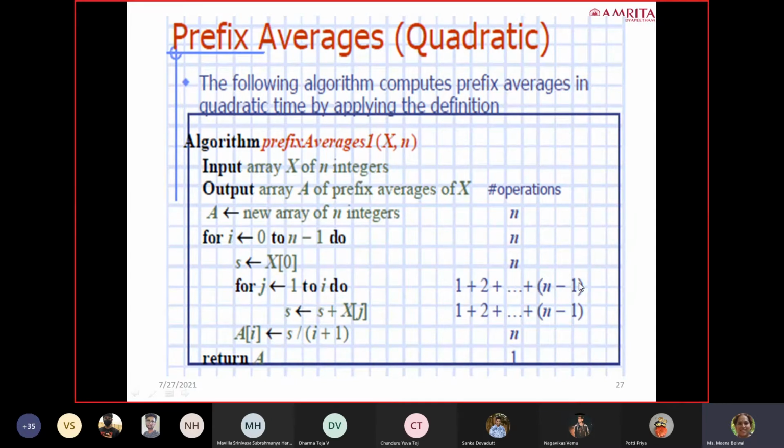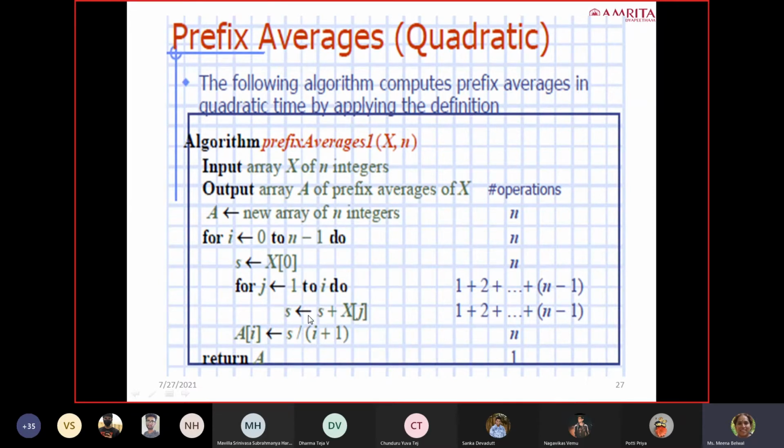Finally, you are going to do n minus 1 comparisons. So every time, based on the value of i, this loop will be executed. Firstly, it will execute one time, then two times, then finally n minus 1 times. So accordingly, this operation, s becomes s plus xj, will be executed correspondingly these many number of times.